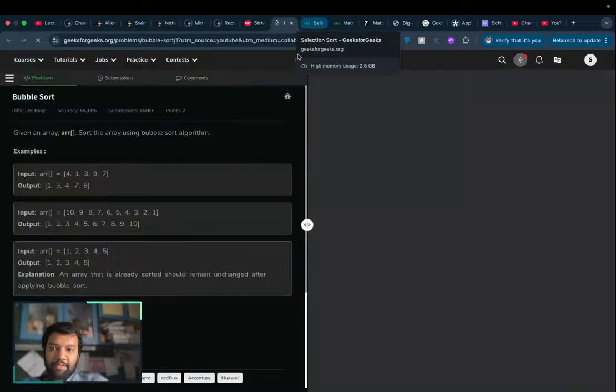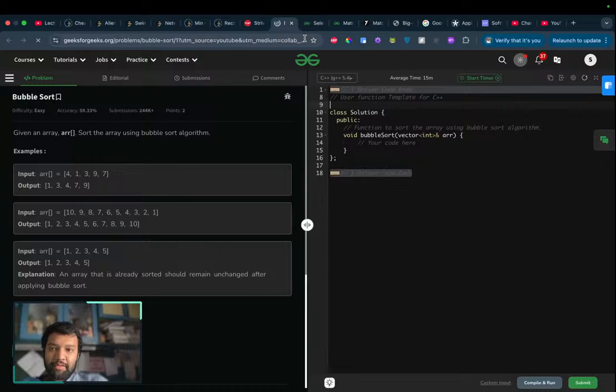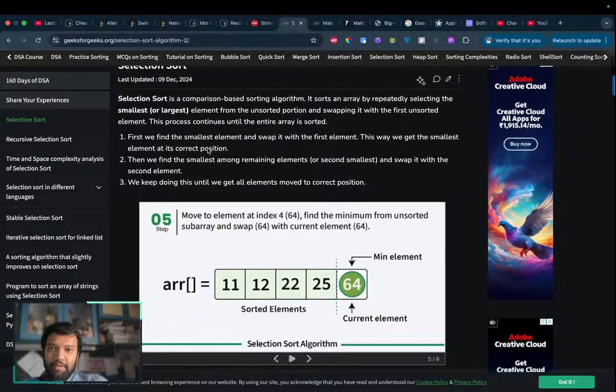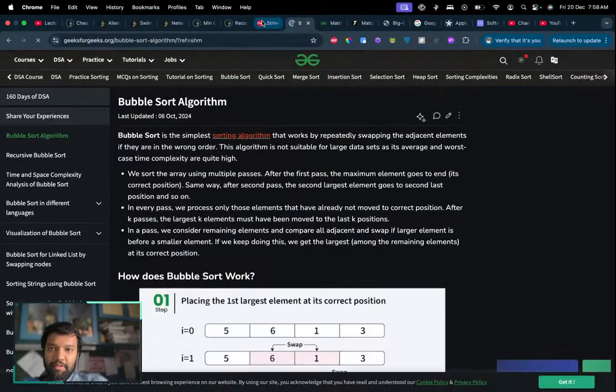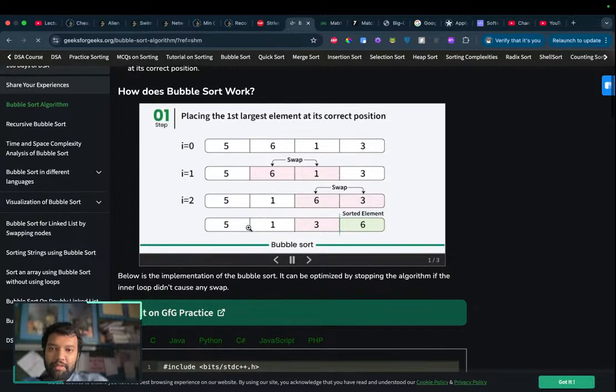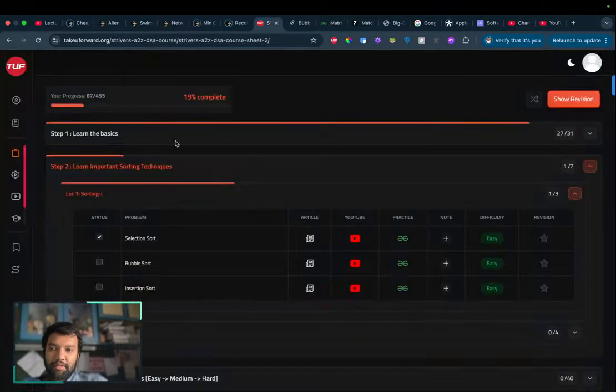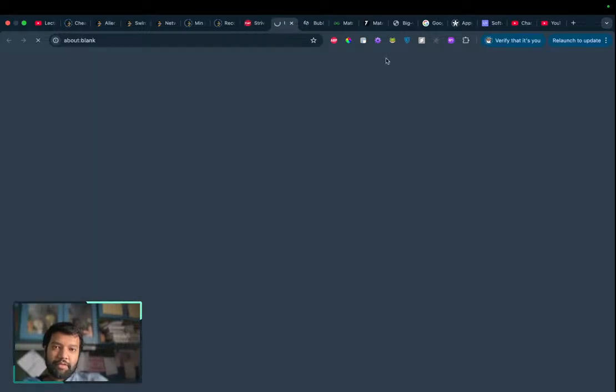Bubble sort, you swap when you find a discrepancy. You do this n times. Insertion sort, I forgot.